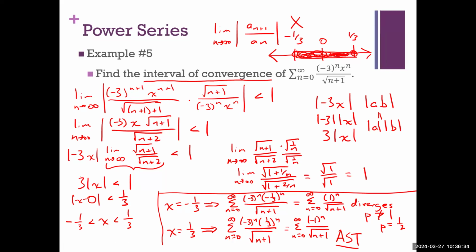What is the part of this that doesn't alternate? 1 over the square root of n plus 1. Does that go to 0? The other condition we should make sure about: does this thing alternate? Yep, so we can use the test.